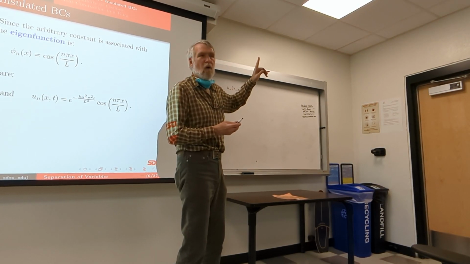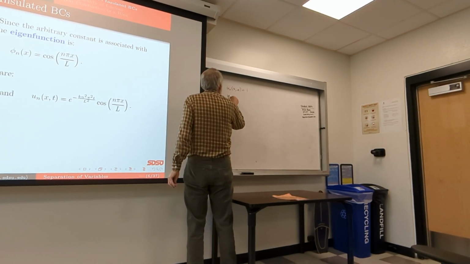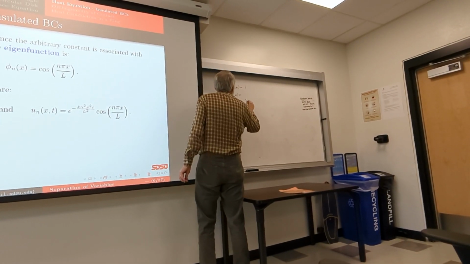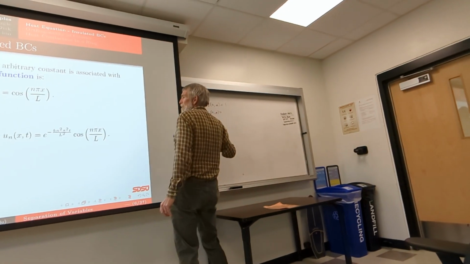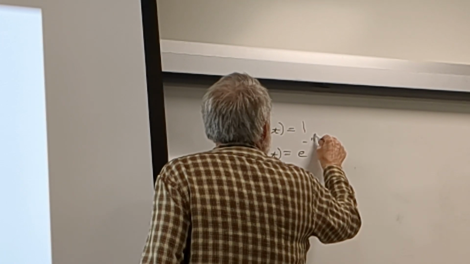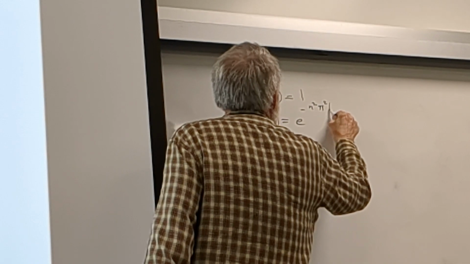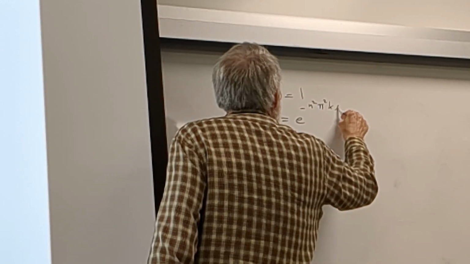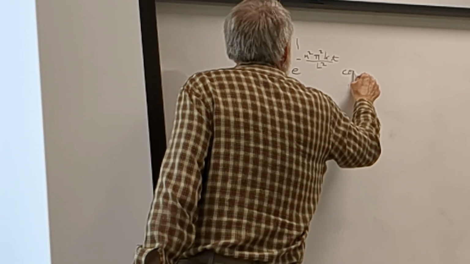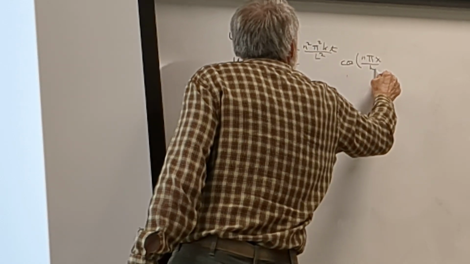Exponential with a 0 eigenvalue is 1. So we just get 1. And my Un of x and t is going to be equal to e to the minus n squared pi squared k t over L squared, and then we have the cosine n pi x over L. Don't put constants in there.